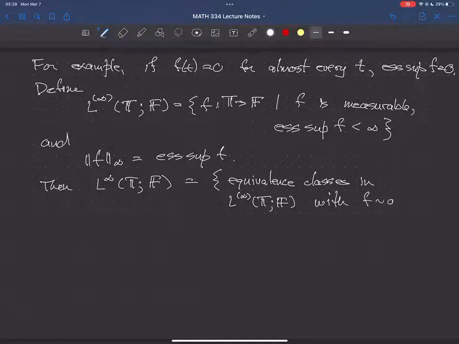So f is equivalent to g if f of t equals g of t almost everywhere.